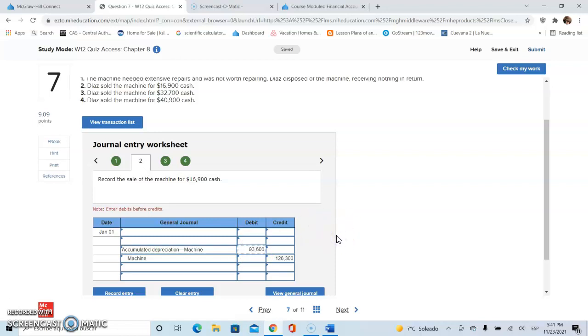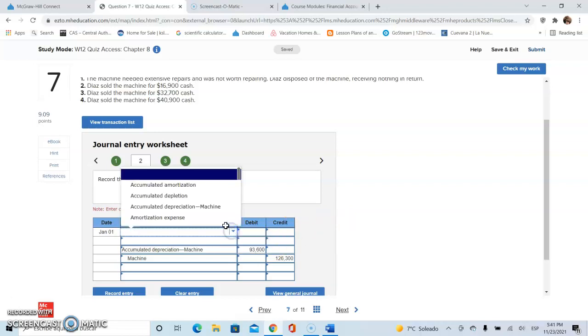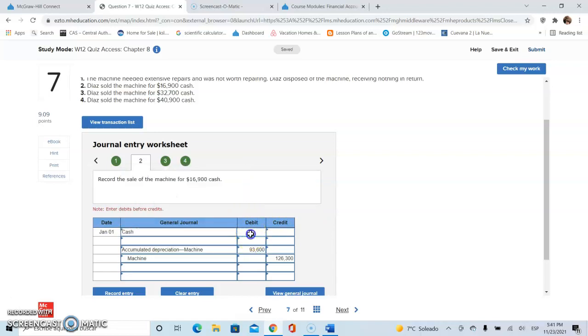Okay, it says the amount of cash we receive is $16,900. So we're going to record the cash we receive. Now, the amount of cash we receive is $16,900. This amount is less than the book value of the machine, which is $32,700.